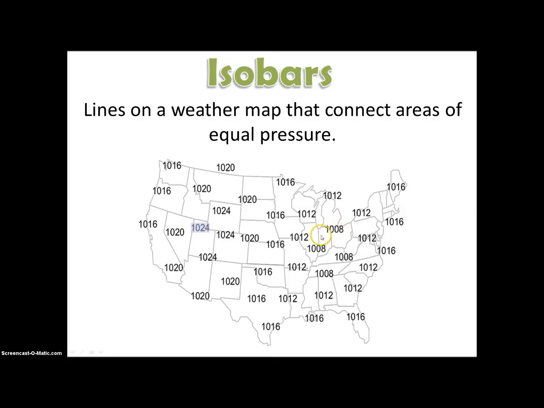And then inside the 1012, you have a 1008. So here, the air pressure seems to be going from 1016 to 1024. It's increasing. Wonder what that means. And then over here, it seems to be going down from 1016 to 1008. Well, let's use isobars to help us see this and see what it tells us.